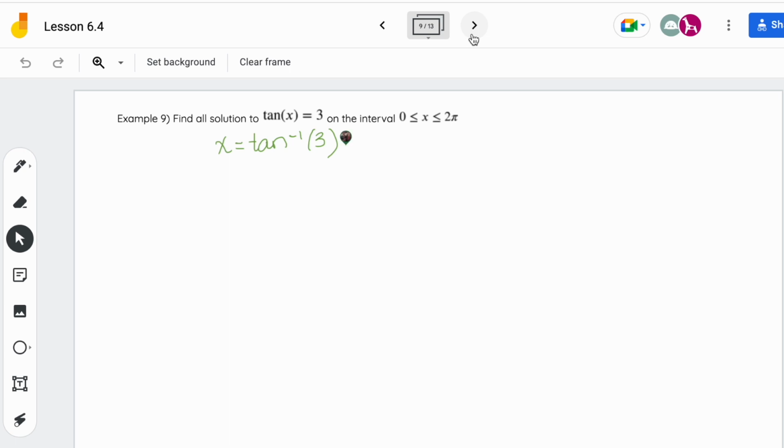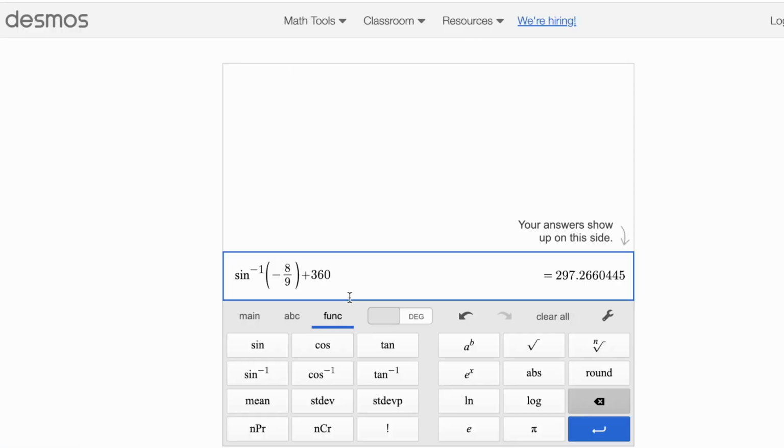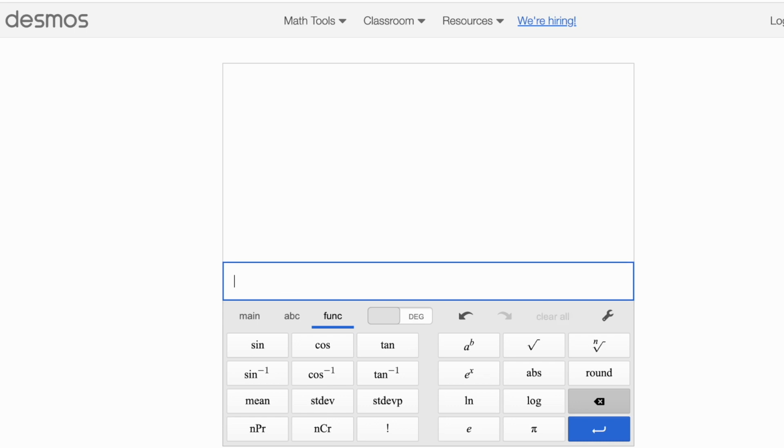And because I'm using pi, I'm in radians. So when I go to my calculator, this time I want to find the inverse of tangent of 3. I'm going to flip that over to the radian solution. So this is about 1.249 radians. And this is going to be the first solution.